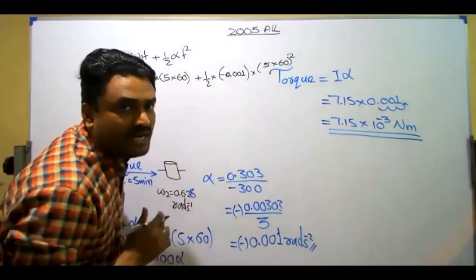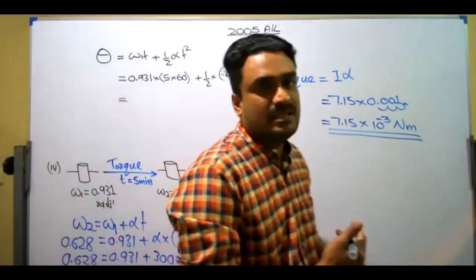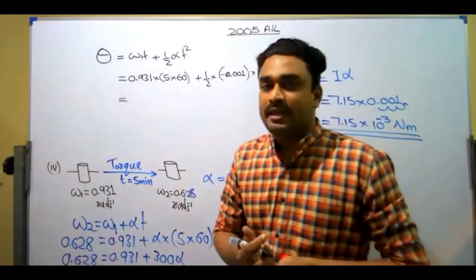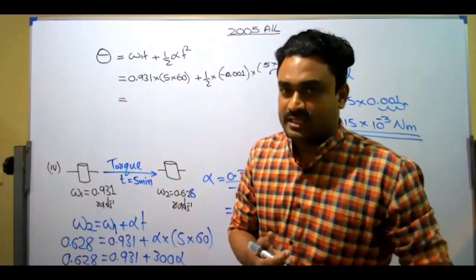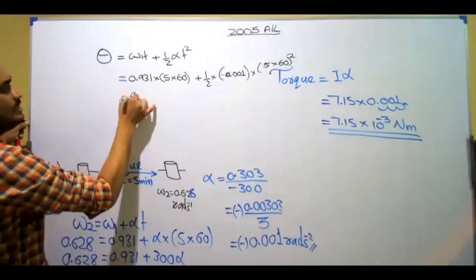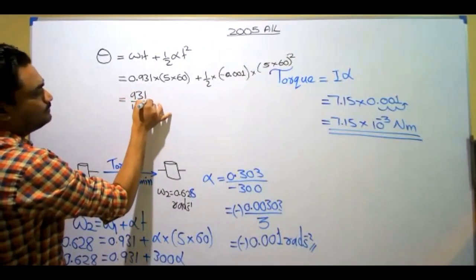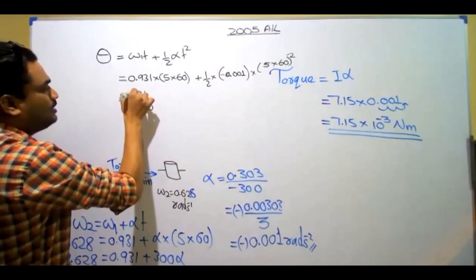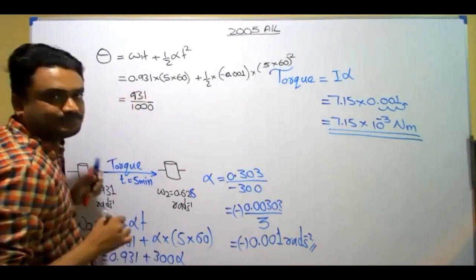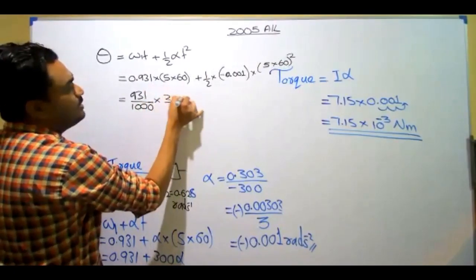So 0.931, look at both. I just want to show you the simplification process here, because some students need my help to understand it. Just look at the board here. 0.931 can be written as 931 divided by 1000. Multiply by 5 into 60, which can be written as 300.